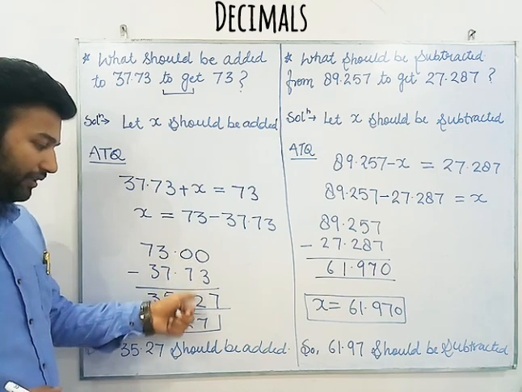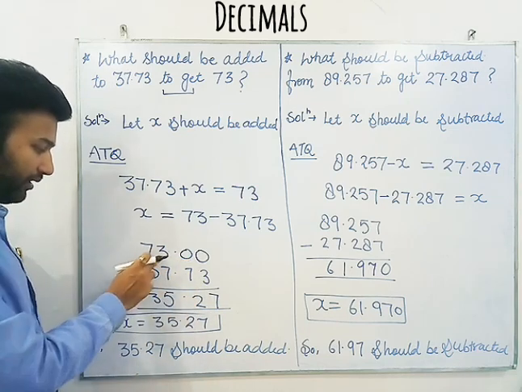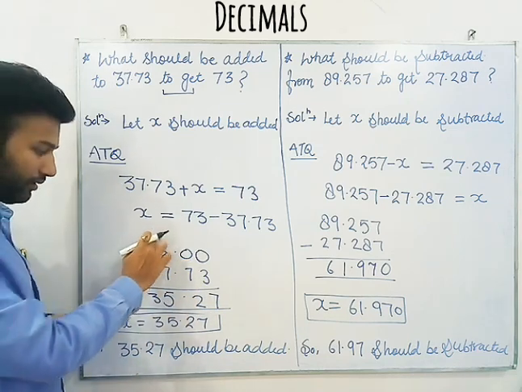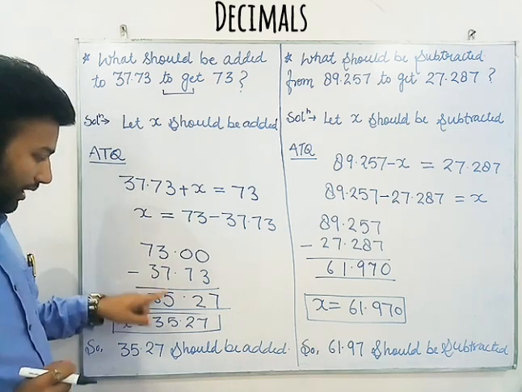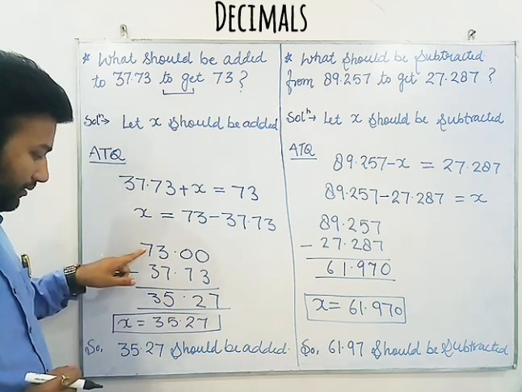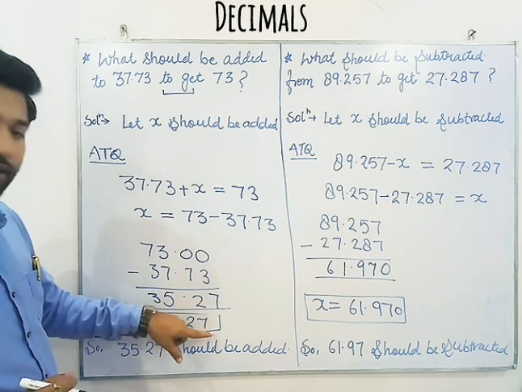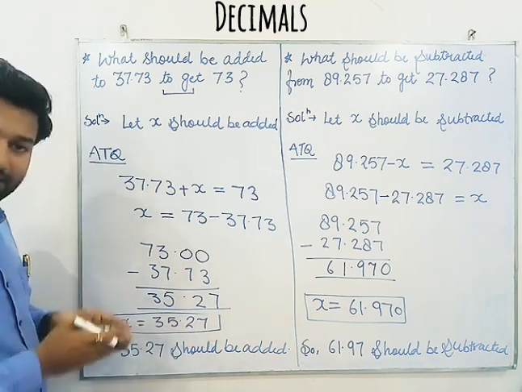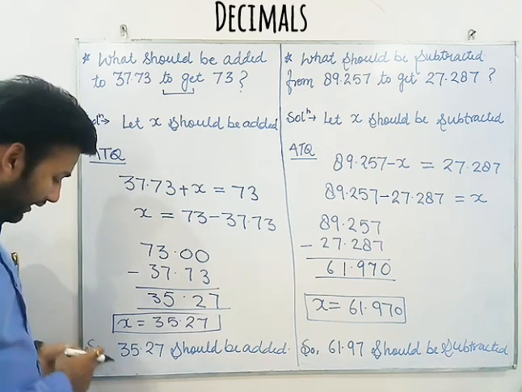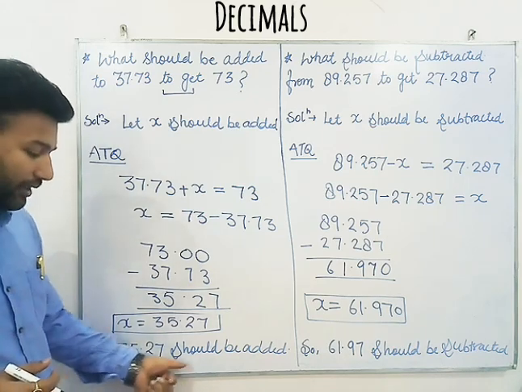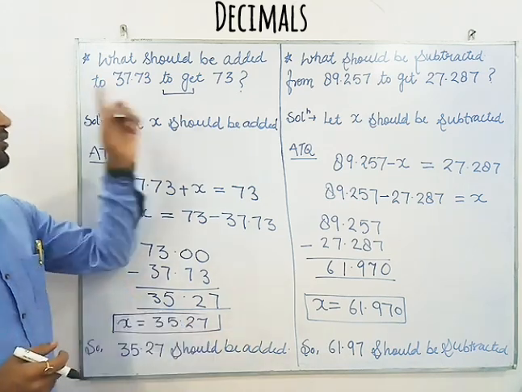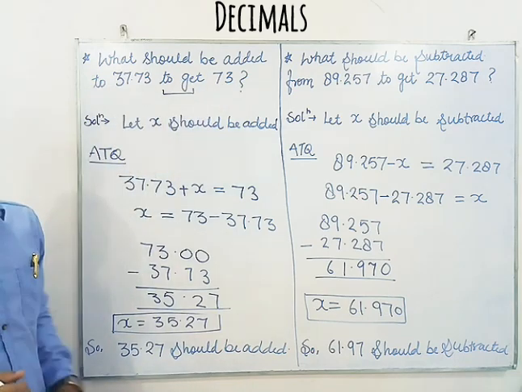Here 9, 9 minus 7, 2, decimal, here 2, why? Because 1 is borrowed. Now 12 minus 7, 5, here 6, 6 minus 3, 3. So x equals 35.27, okay. So at last we will write the statement like this: 35.27 should be added to this number to get 73.